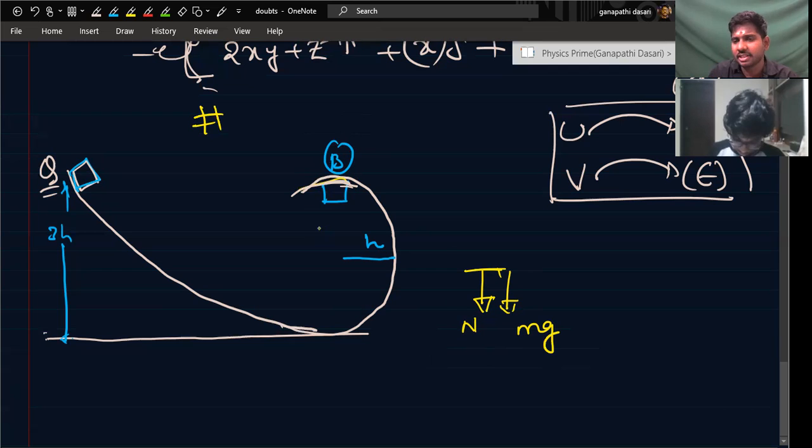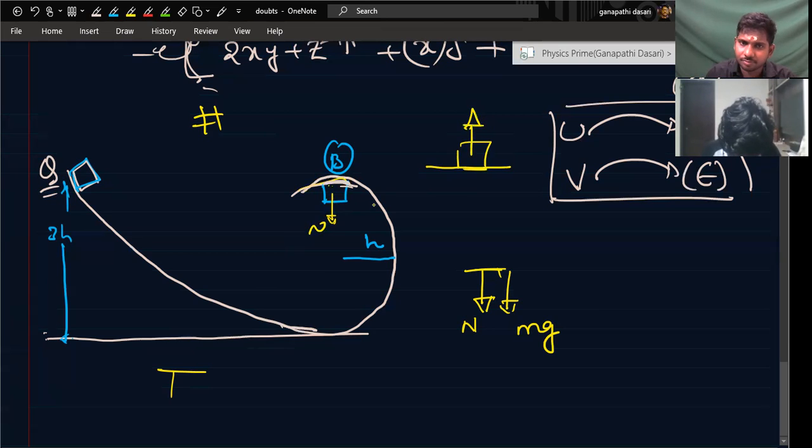Normal reaction will push it. Remember I told you, wherever the surface is, from there it pushes the body. Here the block is here, so it will push downwards only. If the same surface is like this, normal will push it upwards. So normal is down.